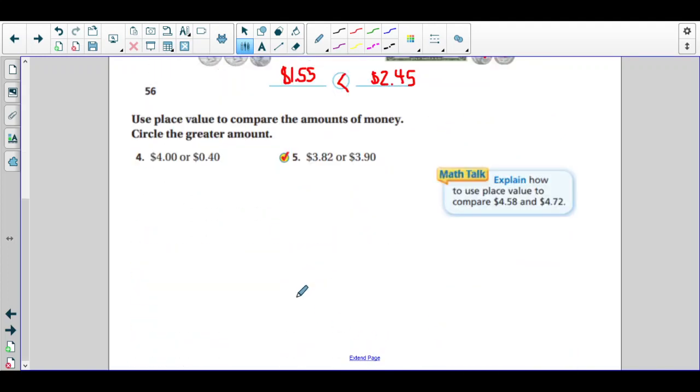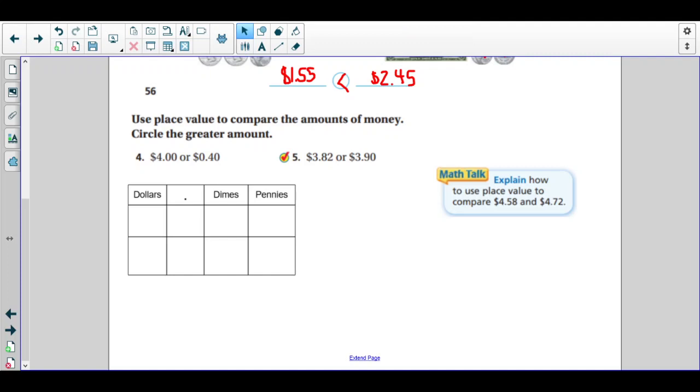All right, on to the top of the next page. And if you did not get this done up here, you did not see this as part of your show and share, you can pause it and then come back. But use place value to compare the amounts of money, circle the greater amount. So let's look at a table real quick and get that set up.